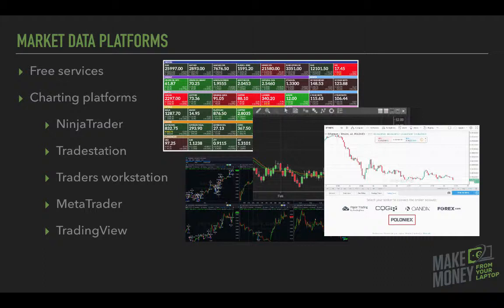All right, so first things first, market data platforms. Where do we get the market data from? Well, there's a couple different sources. There are obviously free services out there. I like to really use one called finviz.com. It's the one you see in the background there. It's got the little boxes, and I use that to get a really quick snapshot of what the market's doing, how it's performing.